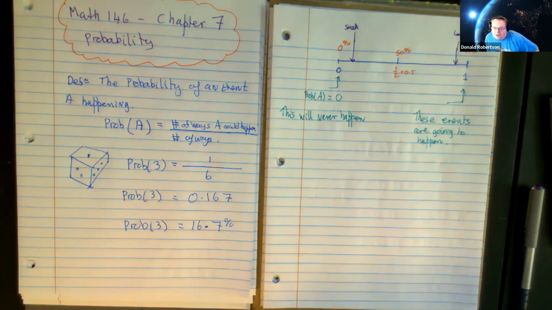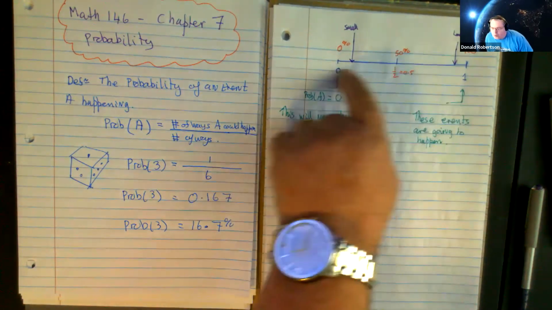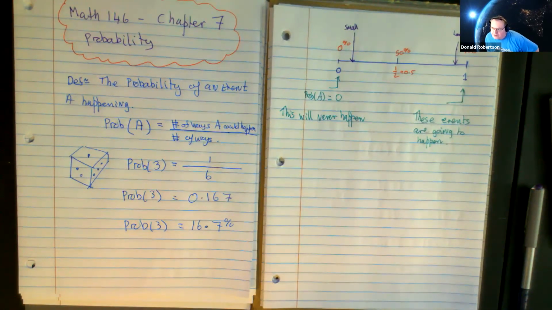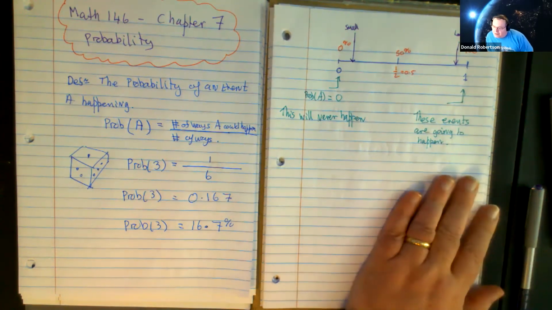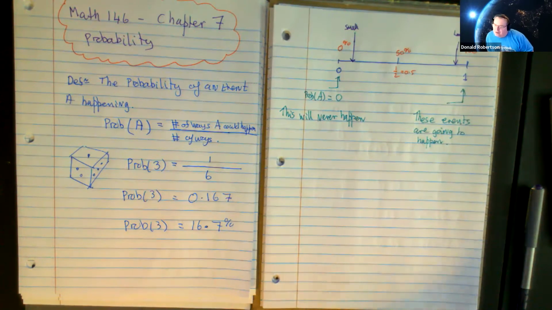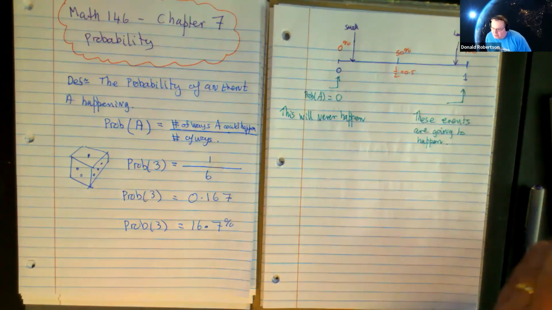Now, casinos know all about probabilities. In fact, the reason casinos exist is that they know the chances of you winning at any game that you play. So when you play the one-armed bandits, those machines are programmed to pay, I think it's 80%.